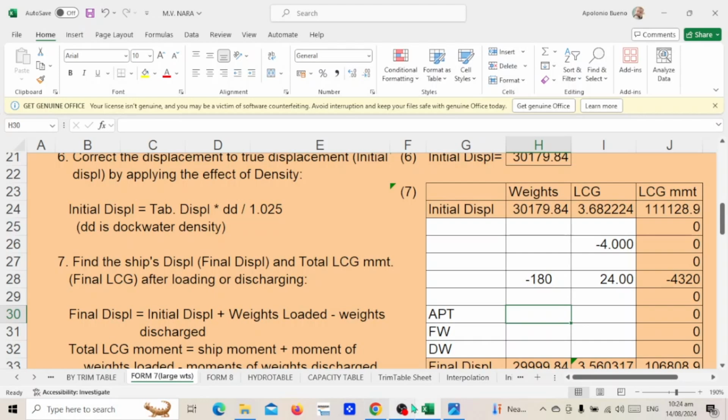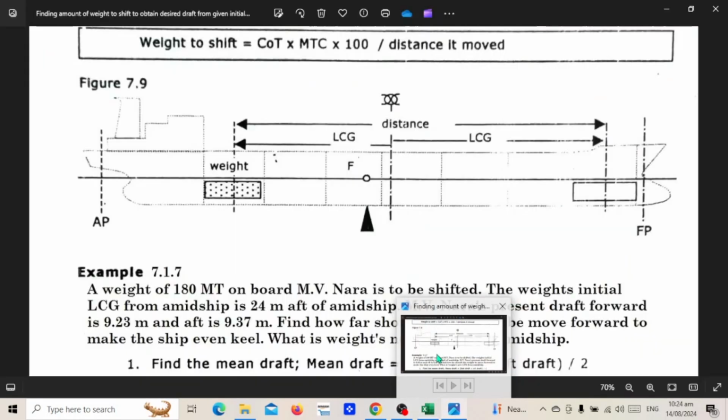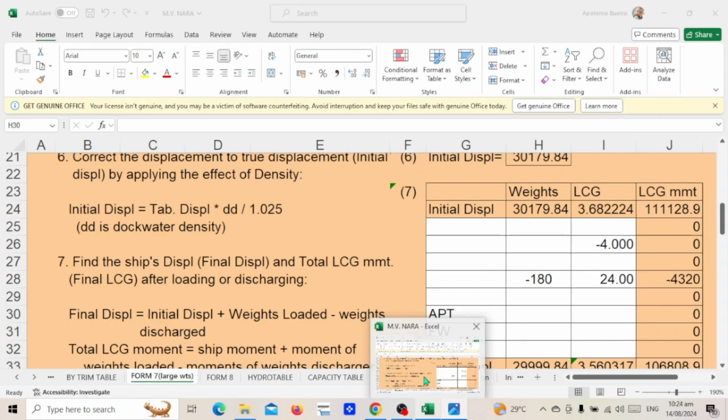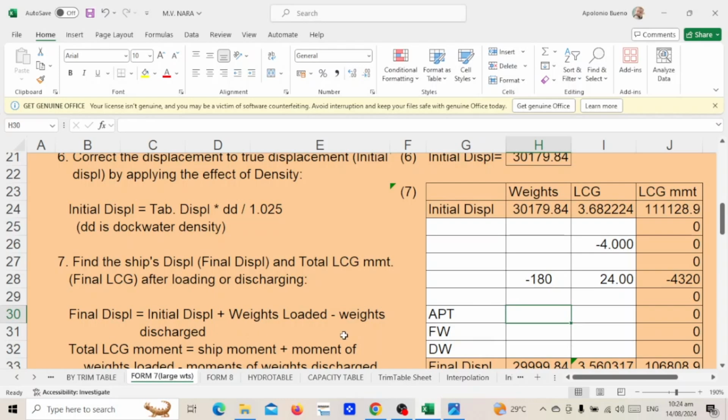Why do I say negative? Because from this weight, you take it out and shift it to this portion of 28 meters. So that means you take out the weight here. That will be negative, which it says here: weight minus weight is discharge, so negative weight discharge is negative. And what will be your draft there?